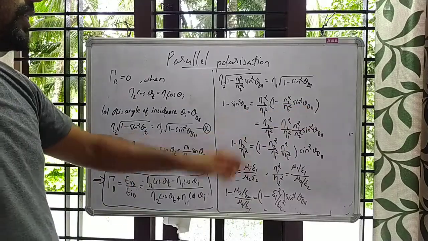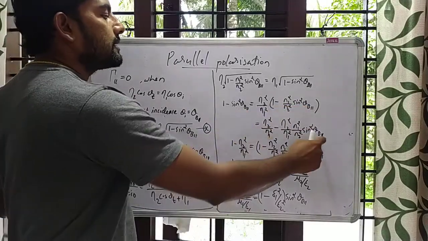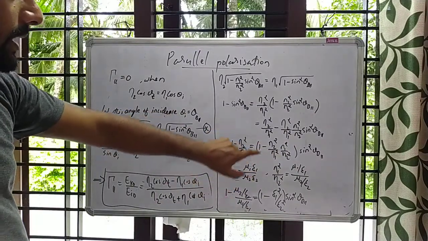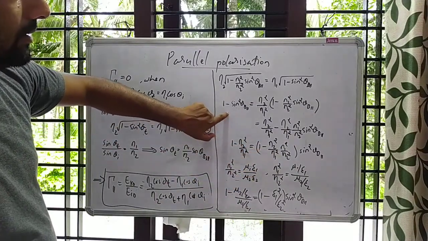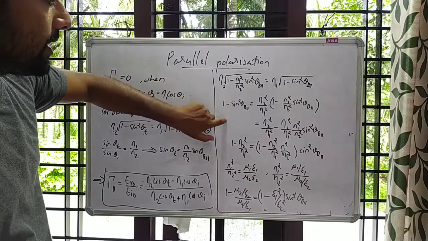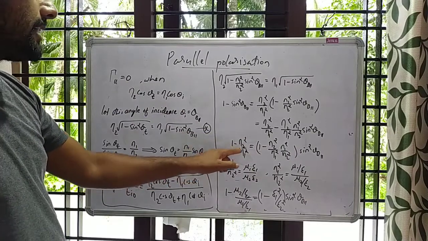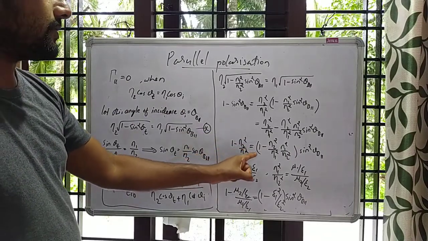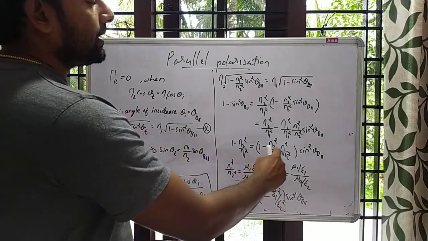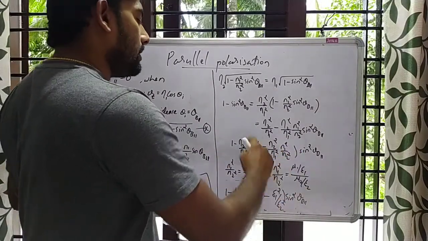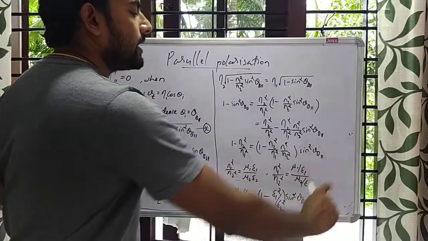If I expand this and manipulate it, I take 1 minus eta 2 square by eta 1 square to the LHS: 1 minus eta 2 square by eta 1 square is equal to 1 minus eta 2 square by eta 1 square into n1 square by n2 square into sin square theta B parallel.